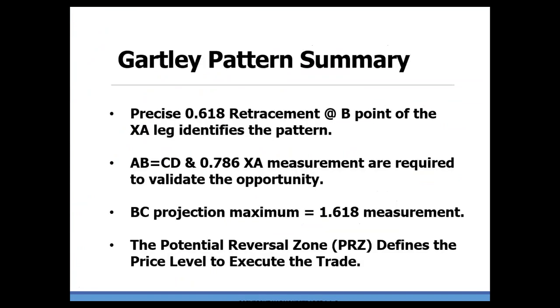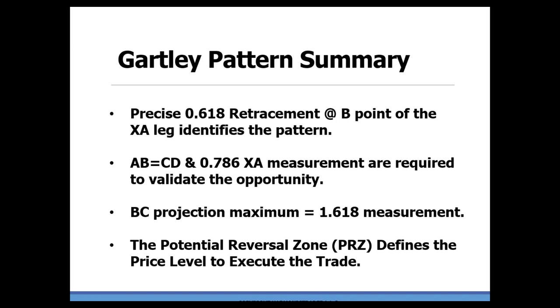So that bearish Gartley was really nice. But the key for all the Gartley patterns is to look for that B point, plus minus 3%. That sets up our AB equals CD with that 78.6%, that's 786 XA. Look at the BC, and also notice that BC projection, that complementary measure.